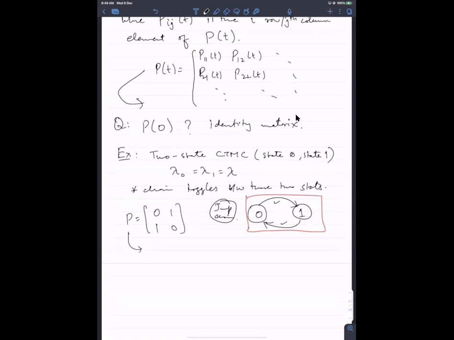Okay, this is the transition matrix for the jump chain.